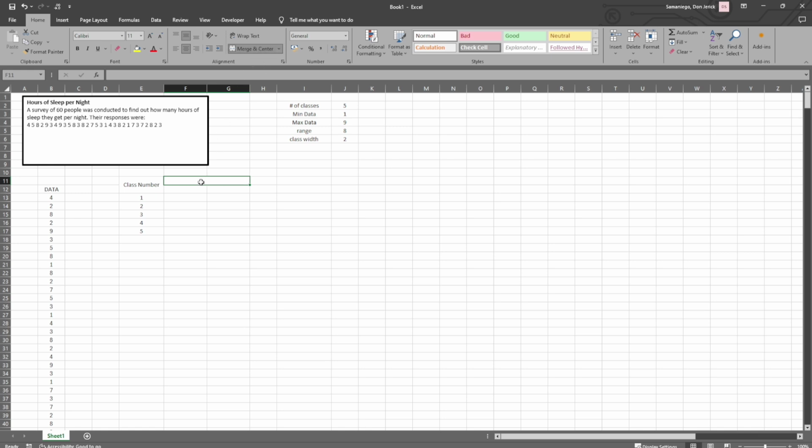The next is the class limit, the lower and upper limit.